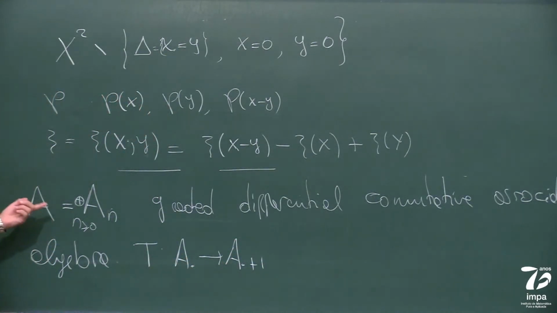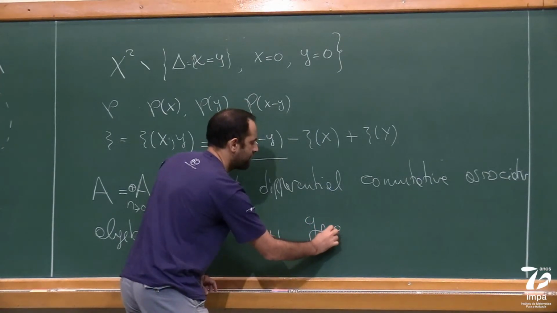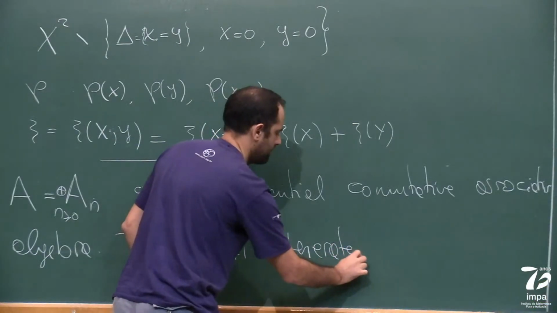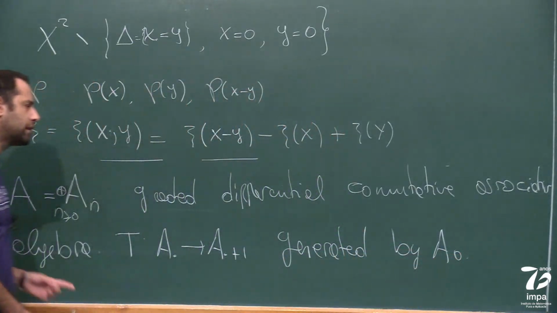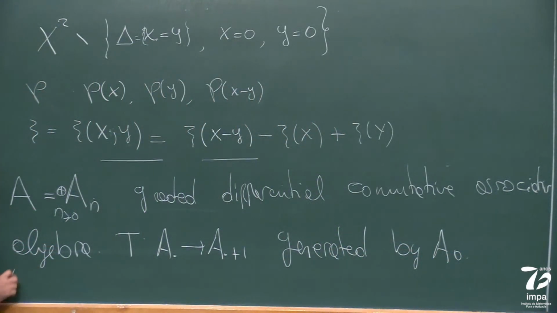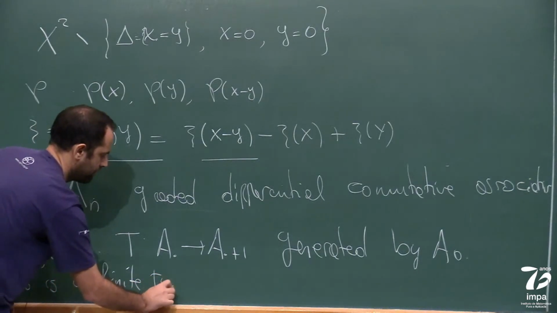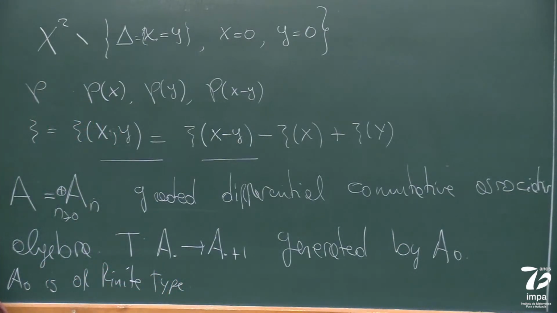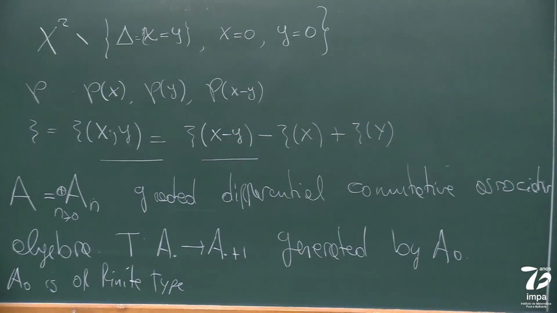And let's suppose that it's generated as a differential algebra by A0. We will also need that this A0 is of finite type. So the arc algebra of a finite type affine scheme would be such an example, or any quotient of those.